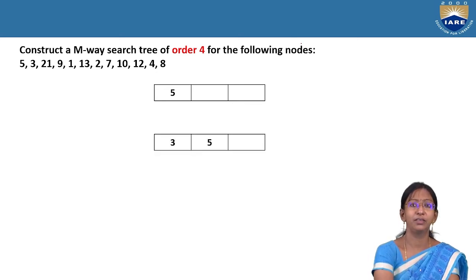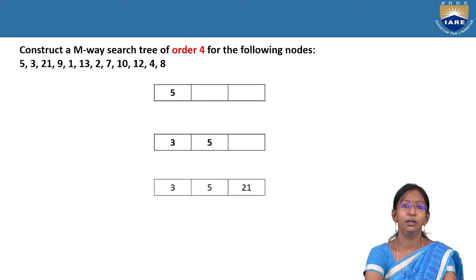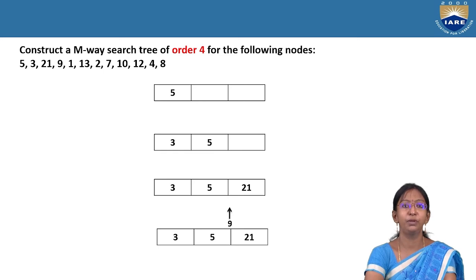When I am going to insert 3, I cannot store it like this. The keys must be in ascending order. So shift 5 and give a slot for 3. Next 21, it is in order. Now 9. As the node cannot accommodate it, push the middle element and make it the root.